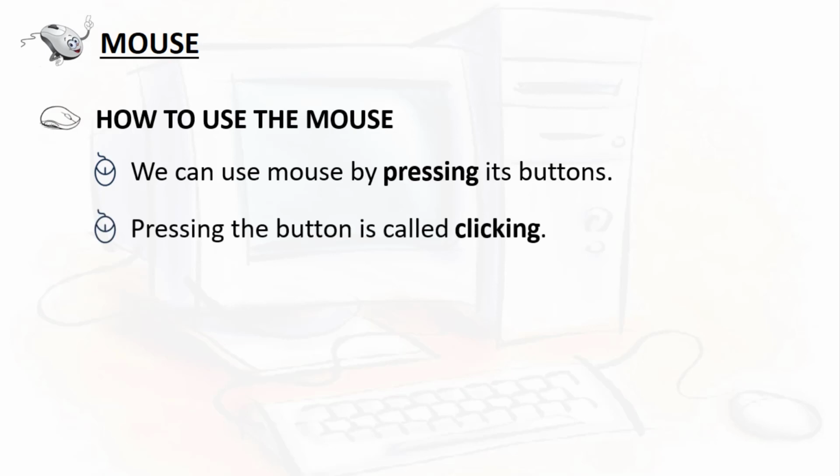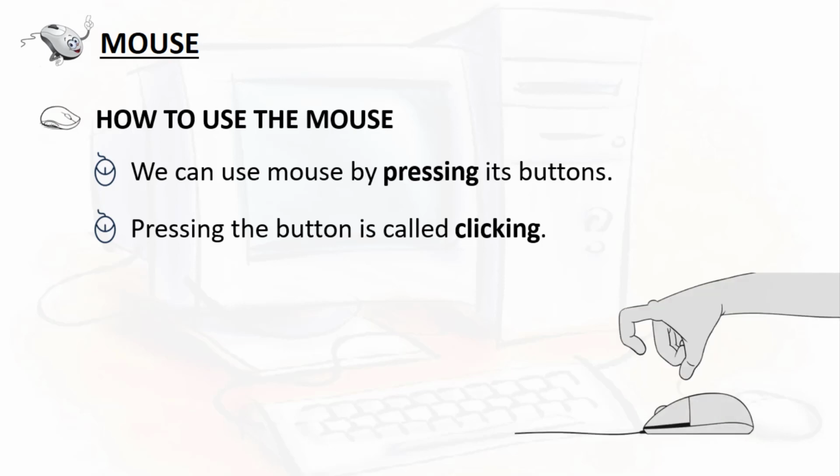If we want to use the mouse, we must use the buttons available on it. The pressing of the button is known as clicking, as you can see in the image: a hand pressing the mouse left button. It is known as clicking.